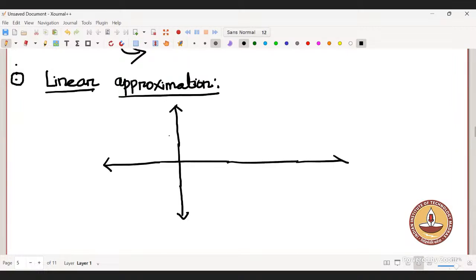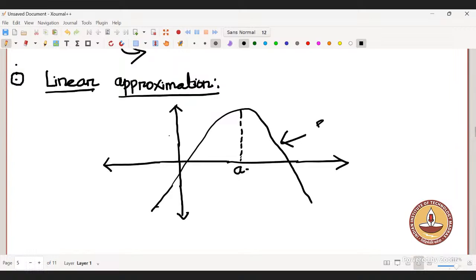Suppose you have a function, let me take some easier function. This is the point A. This is the graph of this function f.